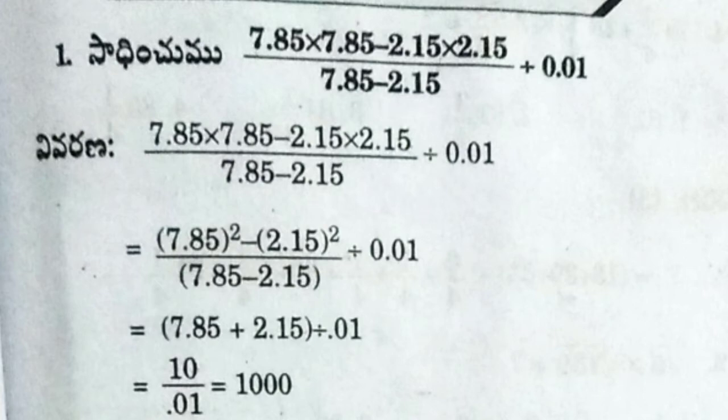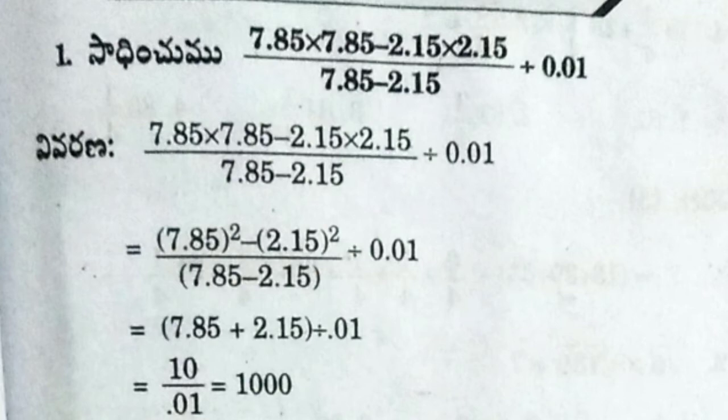Solve (7.85 into 7.85 minus 2.15 into 2.15) by (7.85 minus 2.15), by 0.01. We need to assume a is equal to 7.85, b is equal to 2.15.